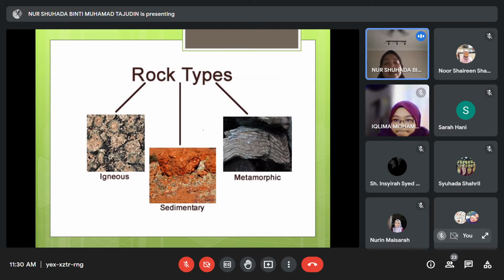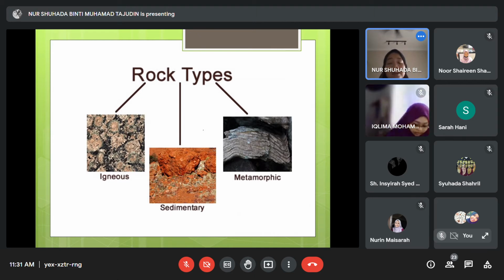Okay, so basically the rock types are divided into three, which we call igneous rock. I believe all of you pernah dengar kan igneous rock? Okay, dia macam batuan igneous kan. Okay, sedimentary jaranglah kita dengar. Metamorphic rock sometimes. Okay, so tiga ni origin dia berbeza.